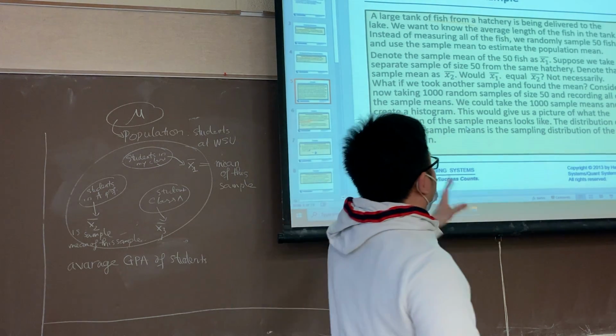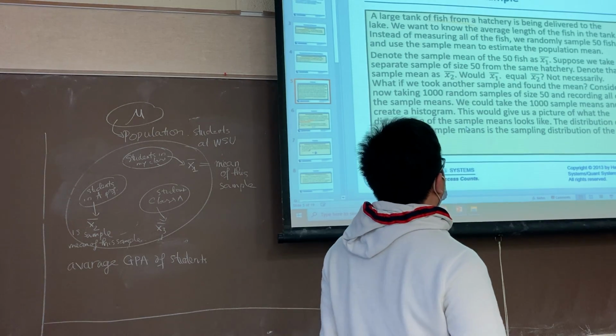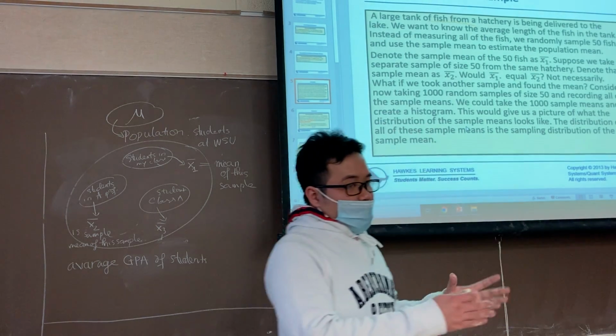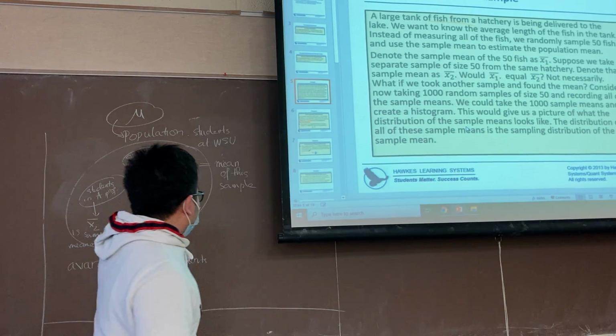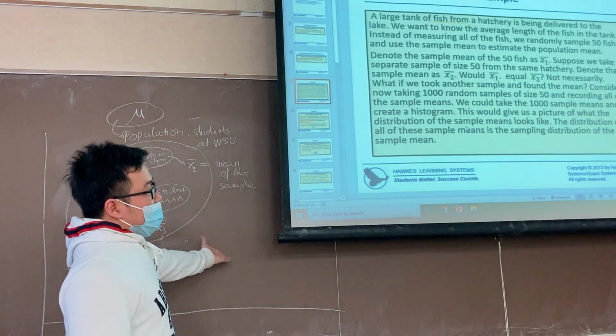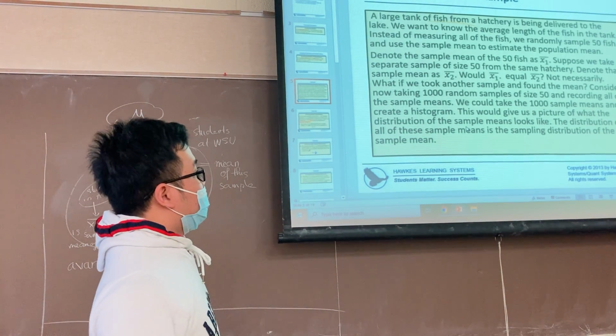And another one will be H2, and you know that H1 will not be equal to H2, right? Now I will take 1,000 samples like this, and after that I will draw a picture of the sample means, and that is the sampling distribution. That is just a simple example about the sampling distribution.